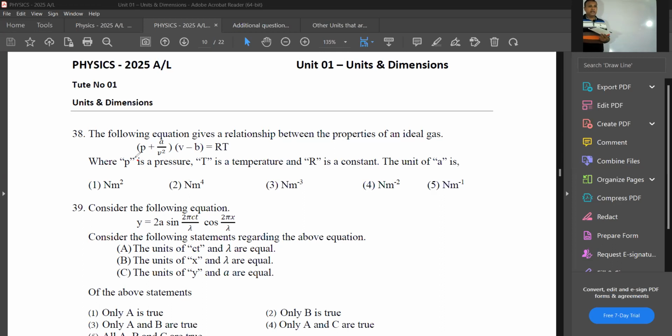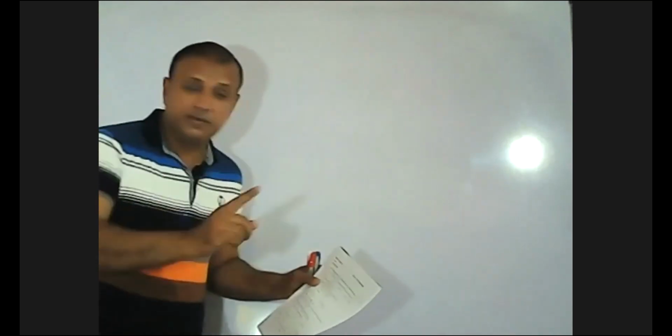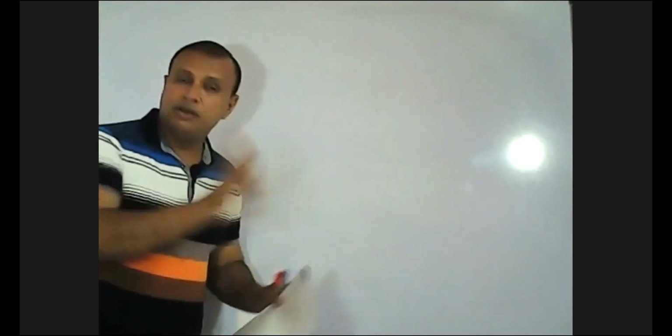According to this equation, P is a pressure, and A over V squared is added to P. That means, according to our factor one, if there is an addition or subtraction, both physical quantities should have the same dimension.